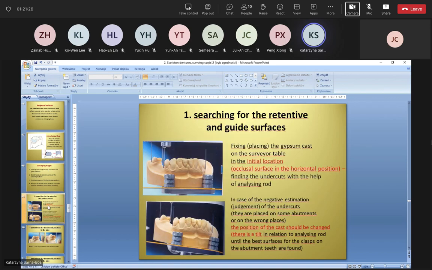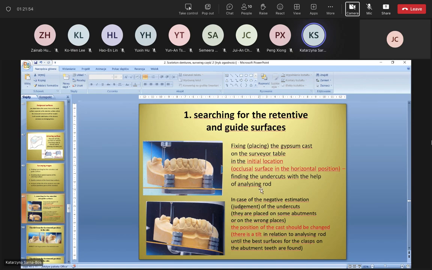So first of all, we should place the gypsum cast on the surveyor table in the initial location, so that the occlusal surface is in a horizontal position, and we should find the undercuts with the help of the analyzing rod. So in that position, using the analyzing rod, we try to find an undercut, of course, on abutment teeth.